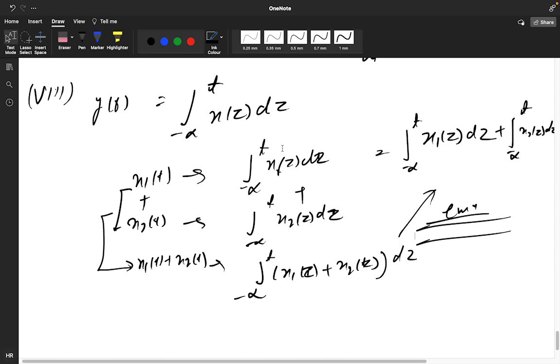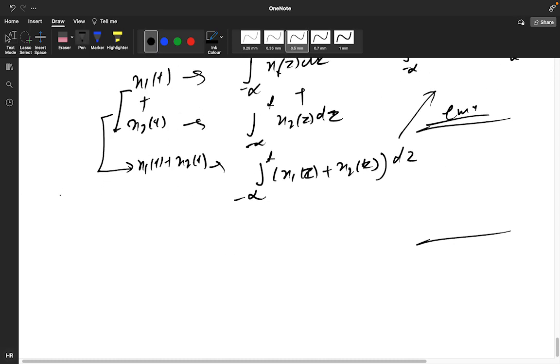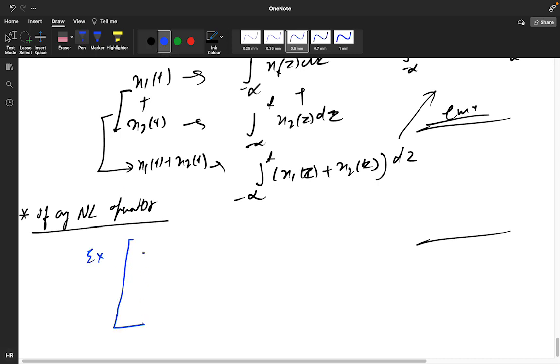See, if any non-linear operator is there, then the system will be non-linear. So what is a non-linear operator? If any non-linear operator is functioning, then you can directly say that the system is non-linear. Example, a non-linear operator is, it is not like x of sine t, this is linear.